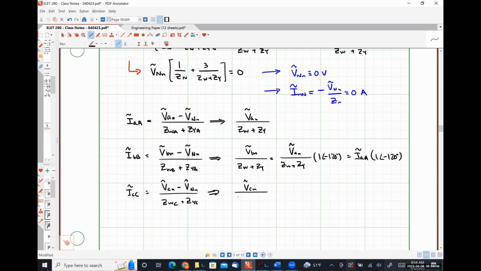VCN over ZW plus ZY is the same as VAN over ZW plus ZY times one angle negative 240 degrees, or IAA times one angle negative 240 degrees.